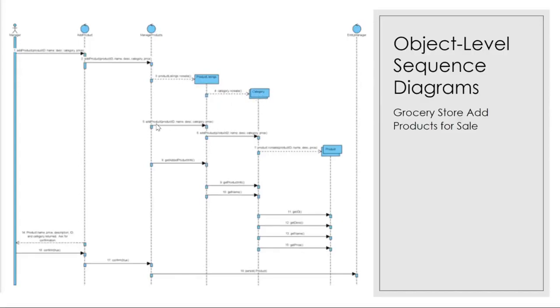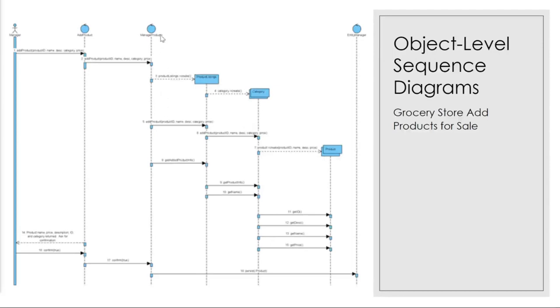And then the product that the user wants to add will be added to all the products in this set right here. So each category will create a set of products, and then what the user inputted will be initialized in the products.